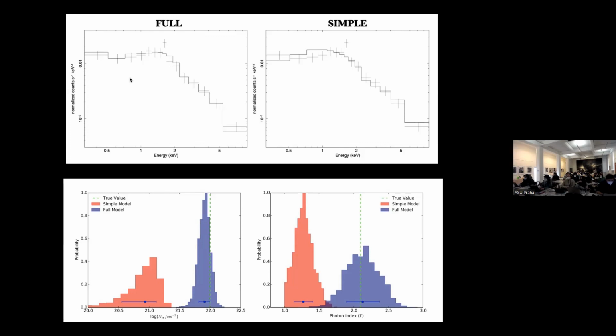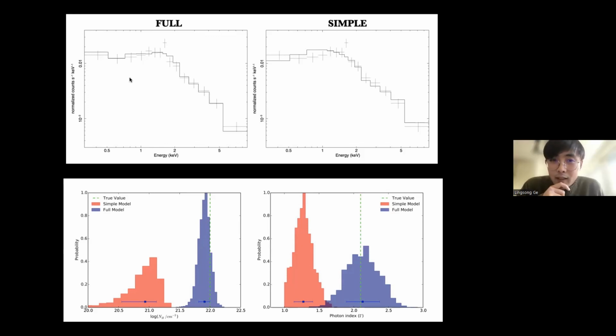Couldn't you get the same issue for this particular data quality if you have a very strong reflection fraction, but then it would not necessarily need a very strong column to compensate for the fact that you're seeing a Compton hump? So you would end up with a flat photon index, but with a slightly too strong reflection component instead.